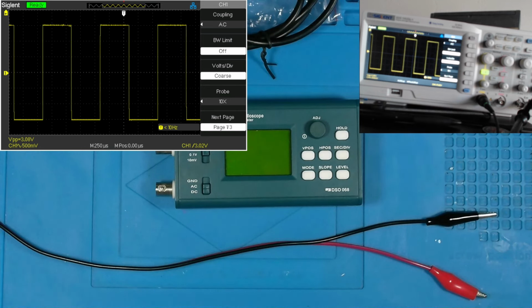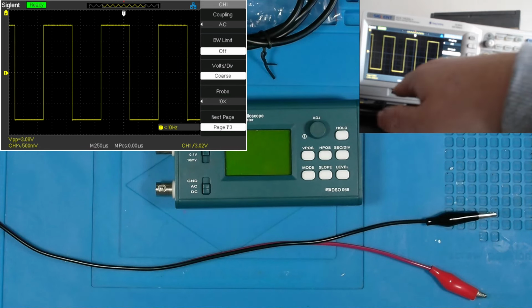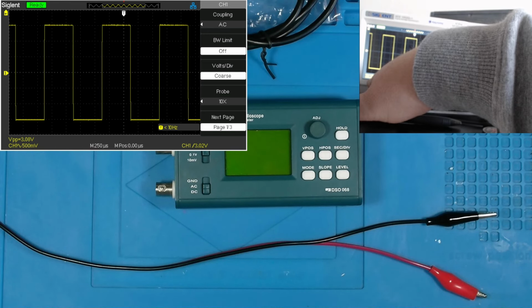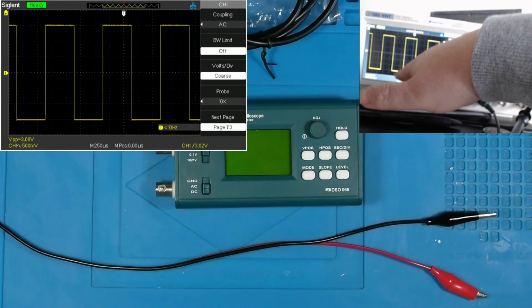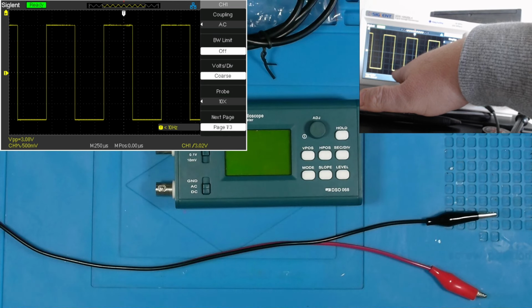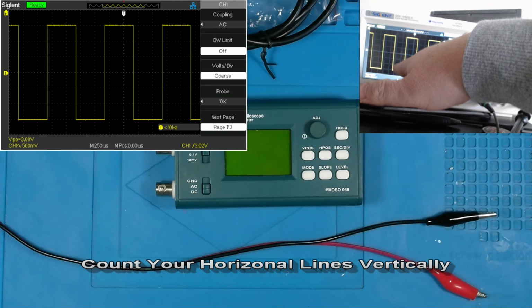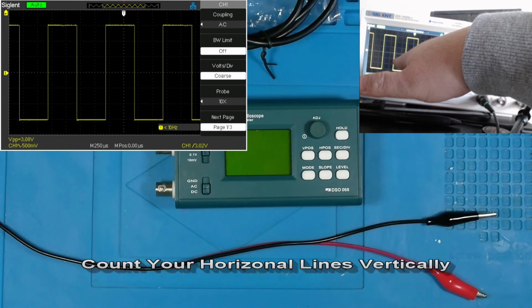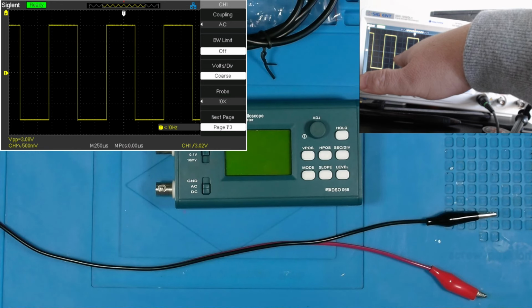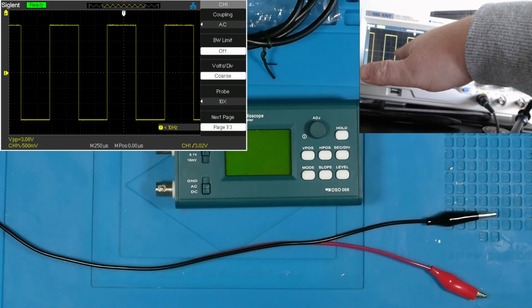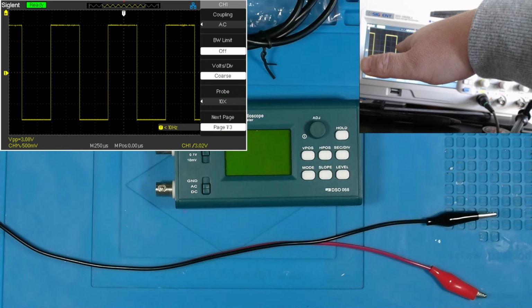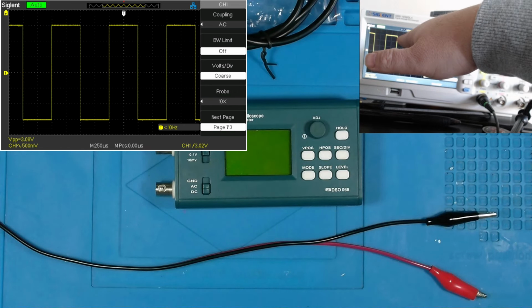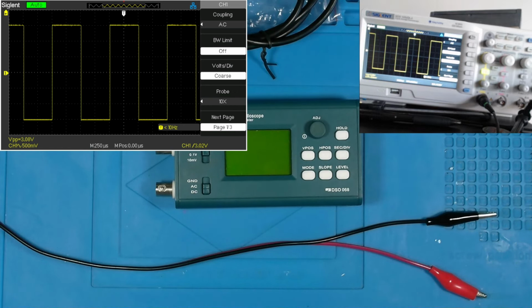You can also consider the fact that we are on the 500 millivolt scale, right? And so if I went 1, that's 500, that's 1 volt, 150, 2 volts, 250, 3 volts, we are at approximately 3 volts.